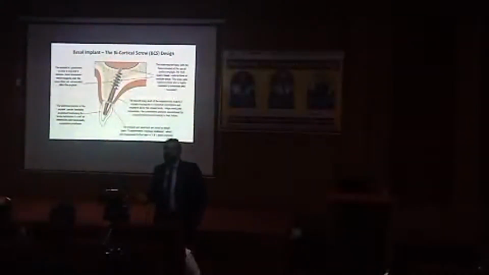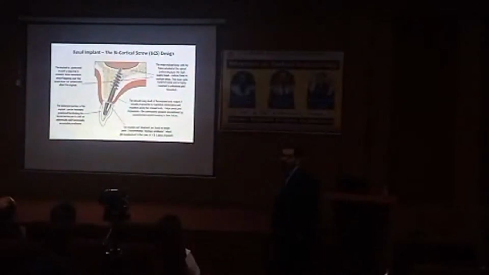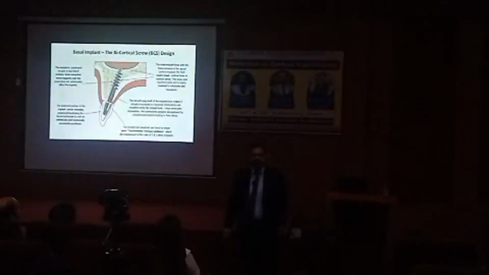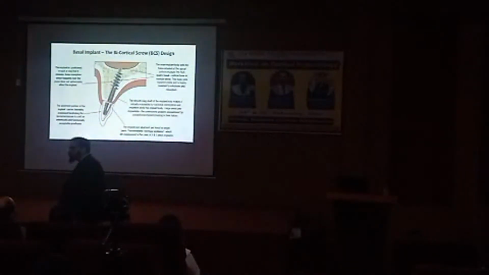This is your second cortical. So we cross the first cortical and engage the second cortical. That is why it is called bicortical implantology, because we cross the first and reach the second.